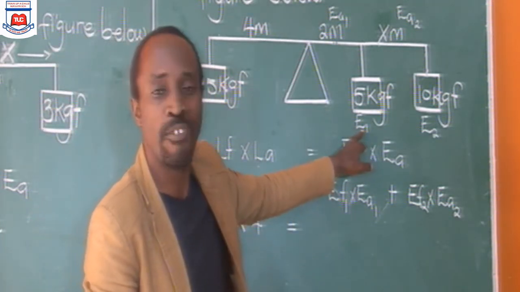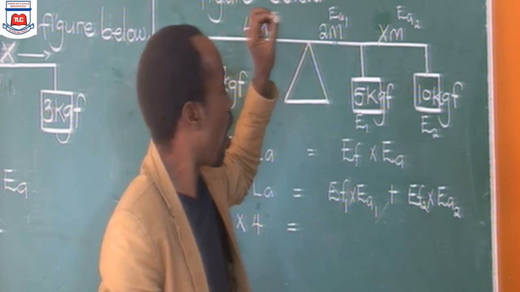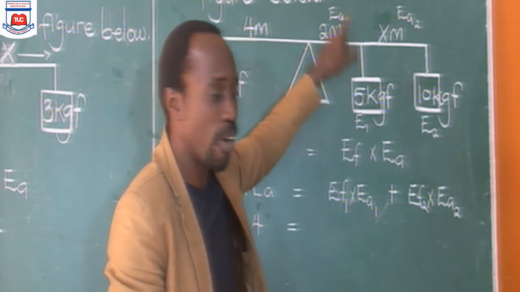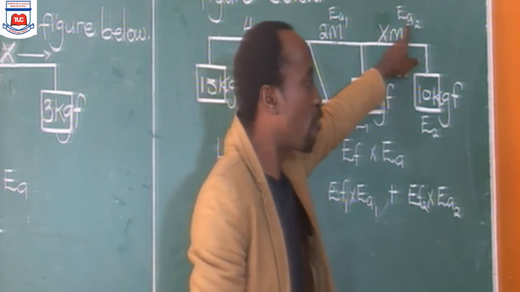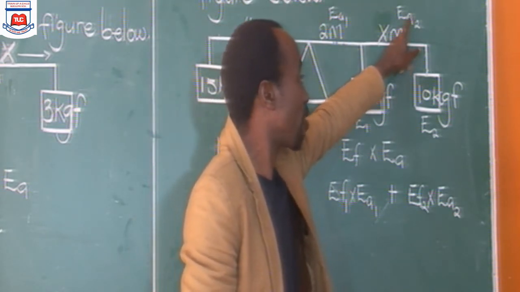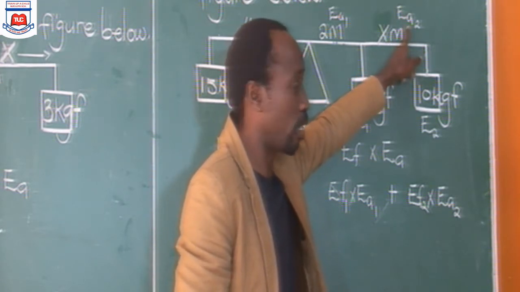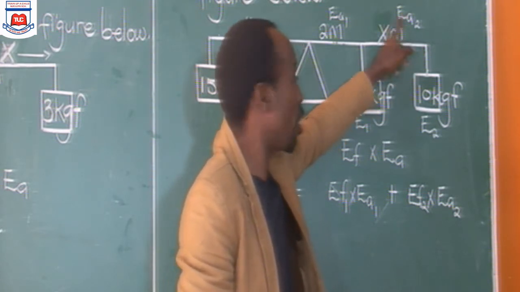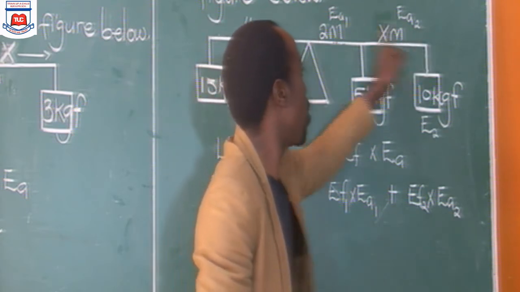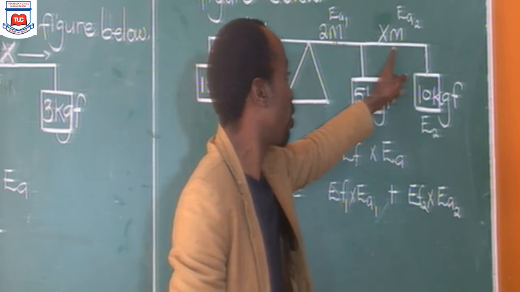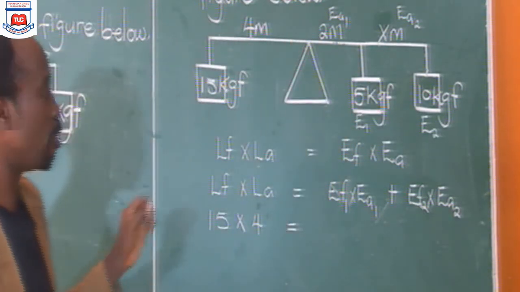I'm dealing with effort 1. That means the arm should also be 1. When I go to effort 2, I also use effort arm 2. I have to explain this very well because most of you make a mistake. You normally get the effort arm 2 as x instead of getting the total distance from the pivot. That's where the mistake comes from.